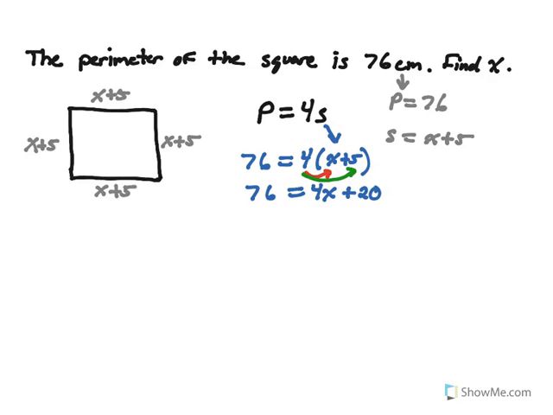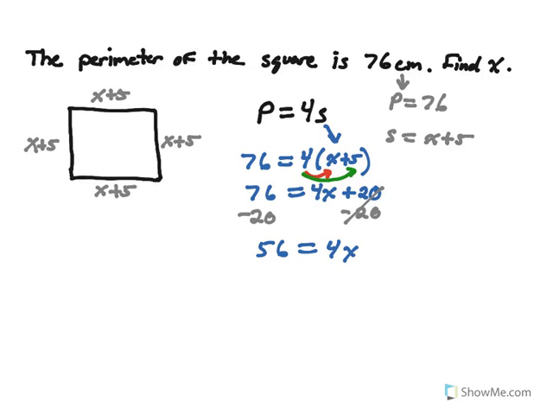Then it becomes a simple algebraic equation where we isolate x on one side to solve it. Since the x is on the right side, I'm just going to go ahead and subtract the 20. That way the 20s cancel. 76 minus 20 is 56 equals 4x.